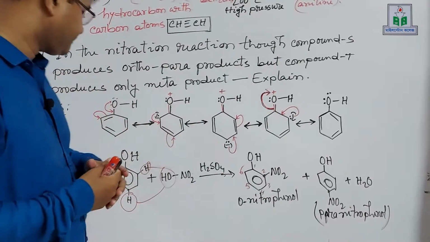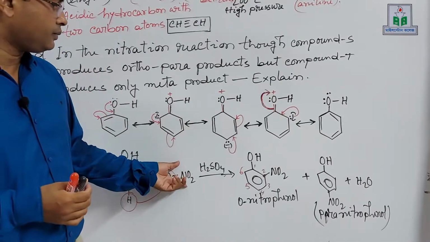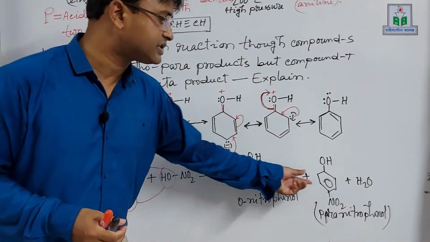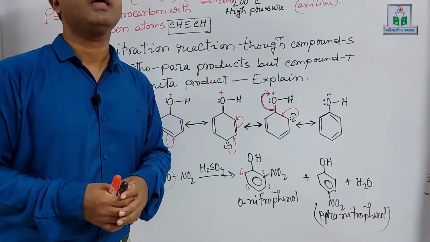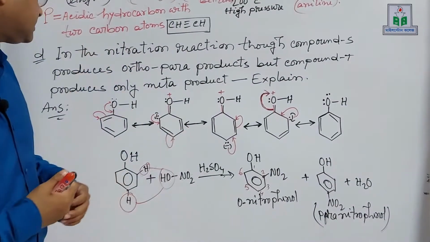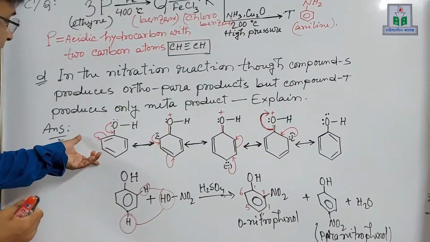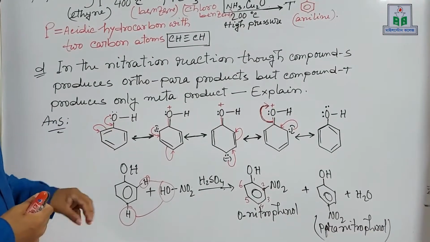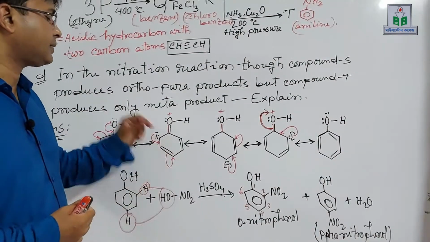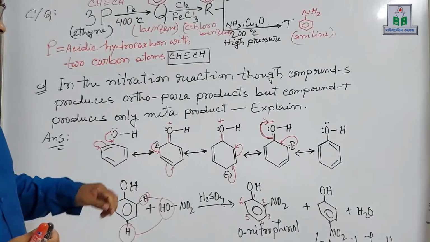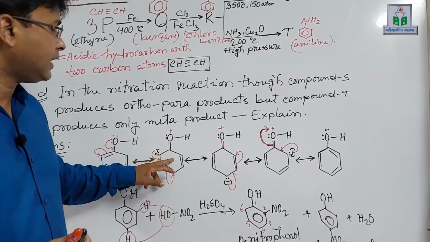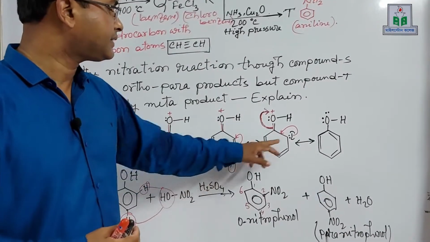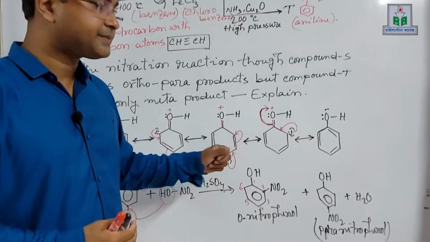And my question, why is the nitro group attached to the ortho and para positions of phenol? Because through resonance, the OH group of phenol supplies the lone pair electron to the benzene ring and increases the electron density of the benzene ring at the ortho and para positions respectively.